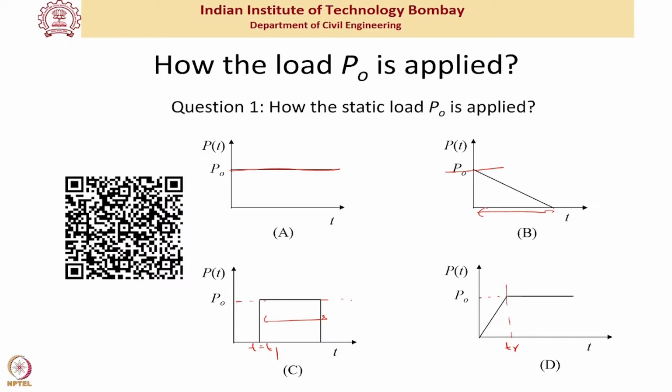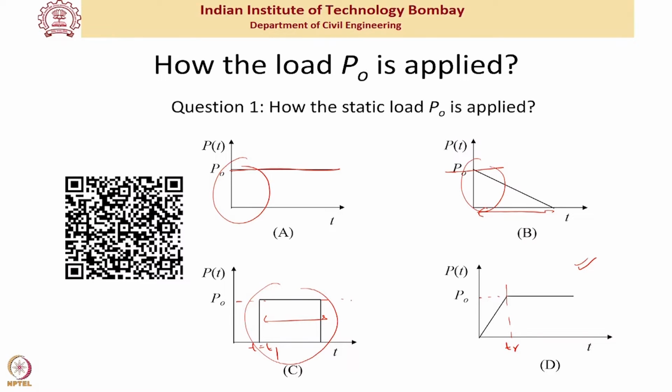Okay, now if you think about it, the only load representation that could be used is actually this ramp load here, because if you try to apply this load or this load or this load here, you would see from the principle of dynamics that you would study later, they could never have a static load application through any of these representations.